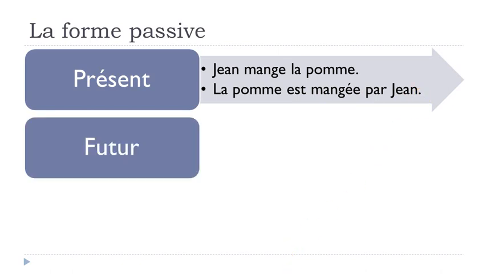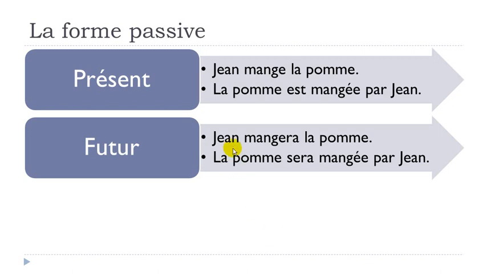But now, let's see le futur. So the sentence will go like Jean mangera, so this is will eat, la pomme. And then if you want to put this sentence at the passive form, then la pomme sera, so remember, sera is the form of être at the future. So that's the only thing that will change.